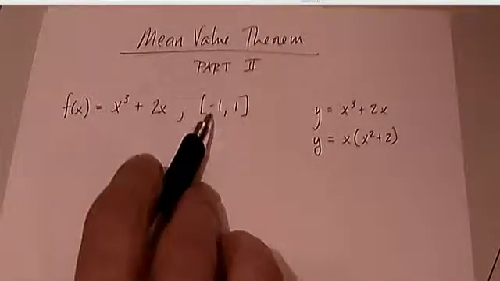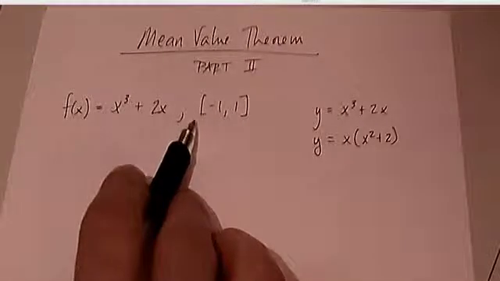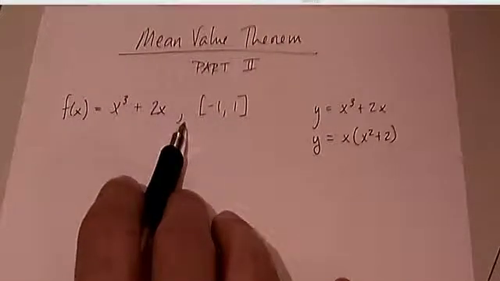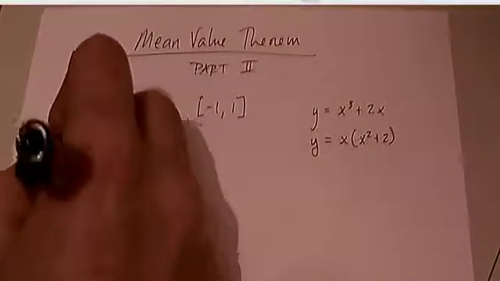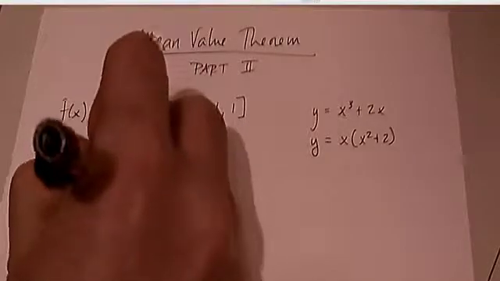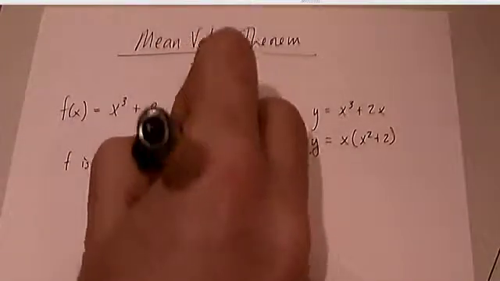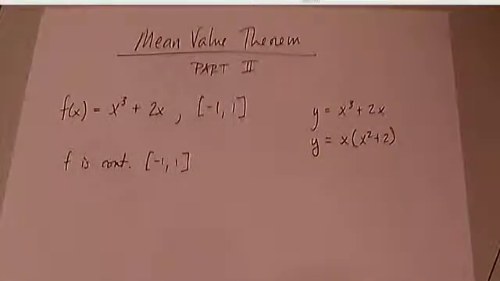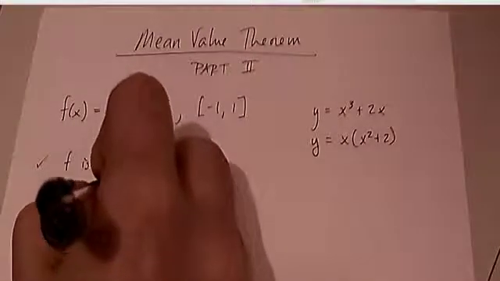Basically, you're interested in the interval -1 to 1. Here's the great thing. In order to satisfy the hypotheses, there's nothing easier than a polynomial function, because a polynomial function is continuous everywhere, since it has an implied domain of -infinity to infinity. So f is continuous on -1 to 1. You know that it's everywhere differentiable.